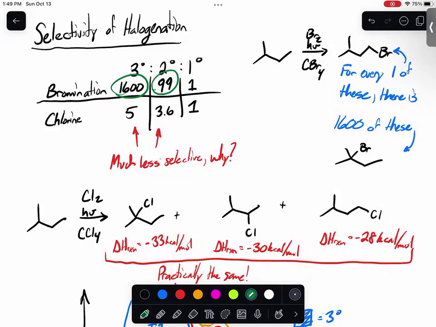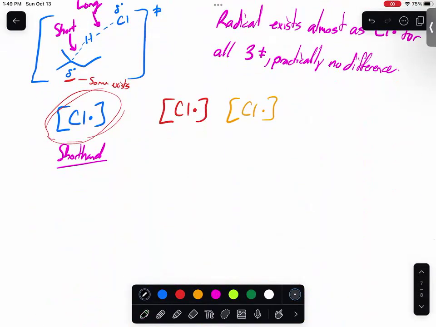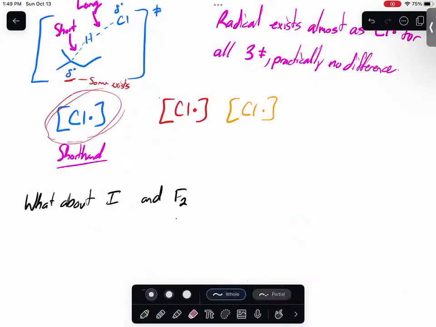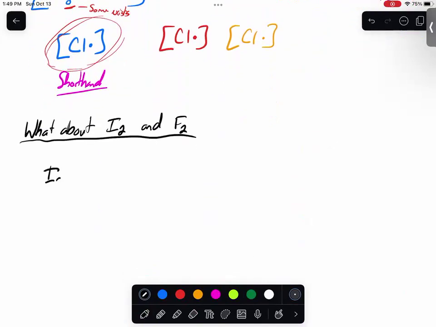Okay, but what about iodine and fluorine, right? Well, for iodine and fluorine, essentially what we see is that both of these also aren't going to matter. All right. The reason is I2, right? If you wanted to run the reaction with iodine, it's too disfavored.